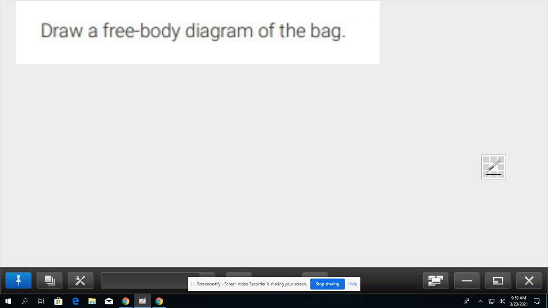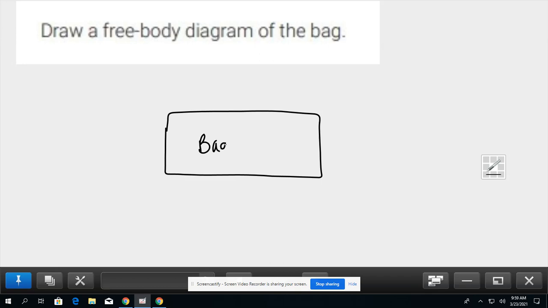Once you finish adding the arrows, let's move to the next portion. We're drawing a free body diagram of the bag. Here we have our bag. Inside that bag you've got produce, so you have food.